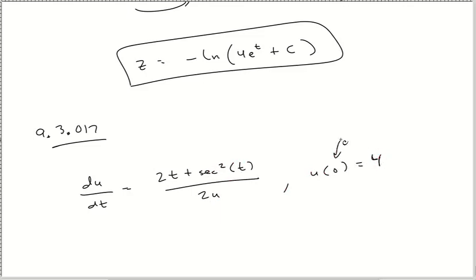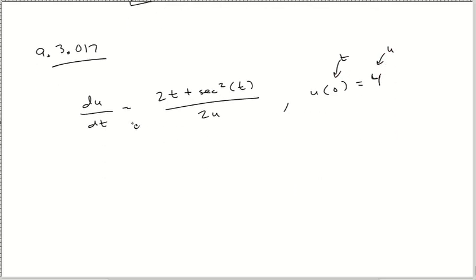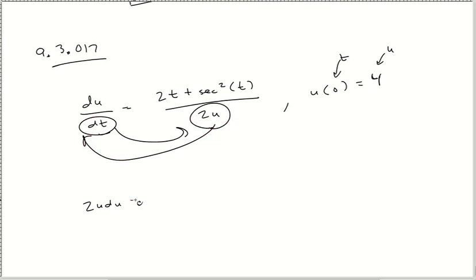So that's a t value, and that's a u value. Okay, so I'm going to move the t over and the u over, and everyone's happy, right? I mean, yeah, basically. There we go. Integrate both sides.